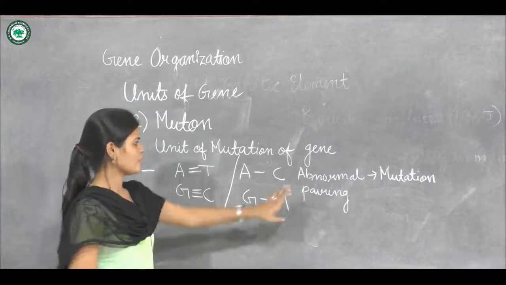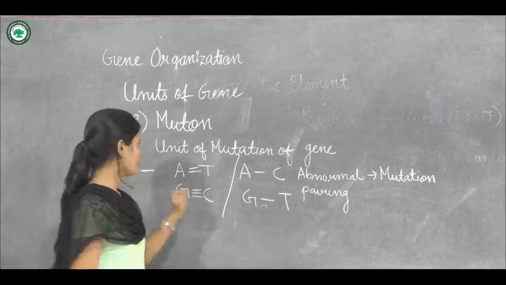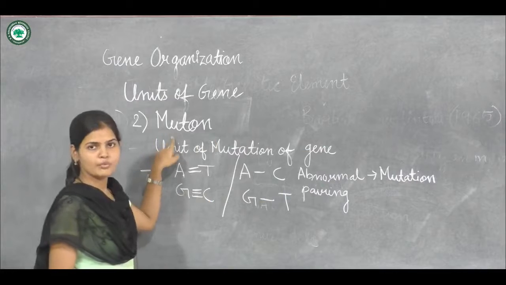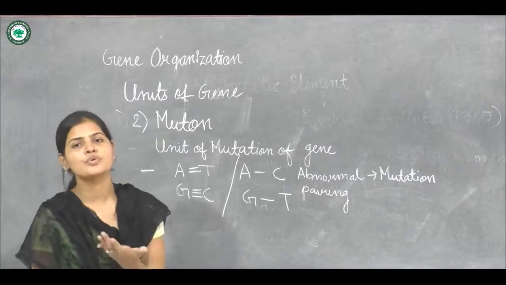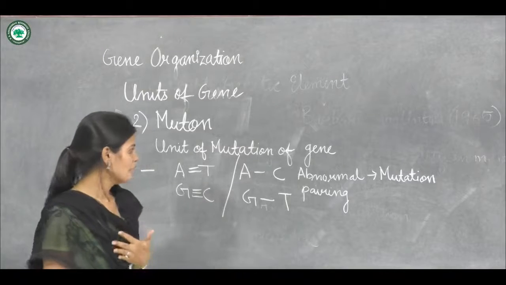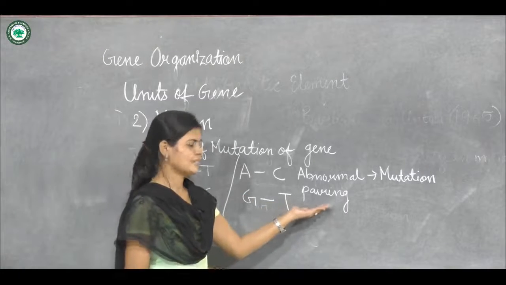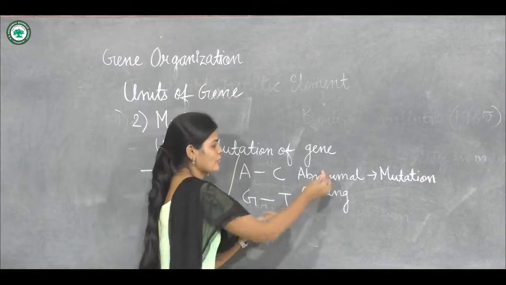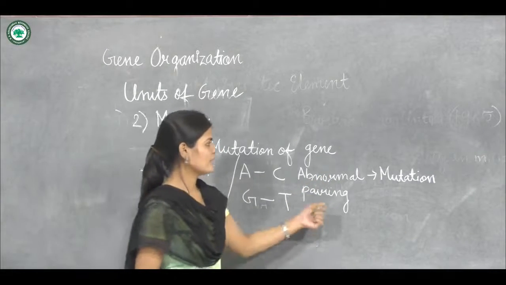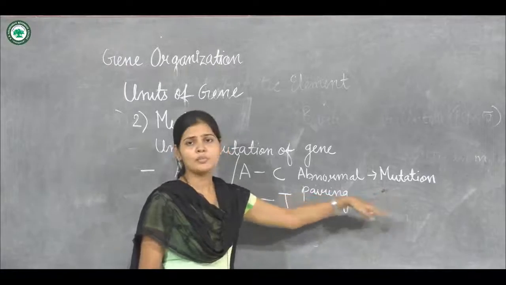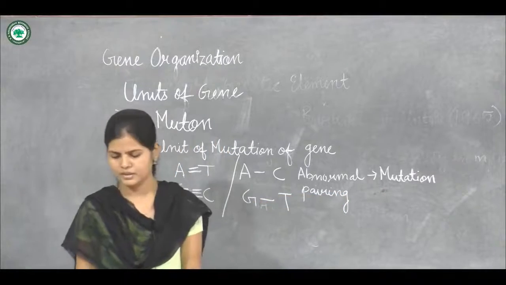So this causes mutation in the gene. So what is muton? It is the smallest unit of a gene in which mutation can occur, and due to mutation, which is a cause of abnormal pairing, it will result in the abnormal functioning of a cell.